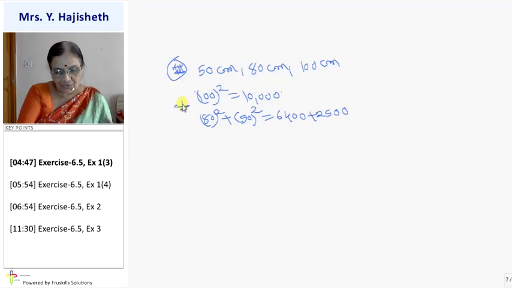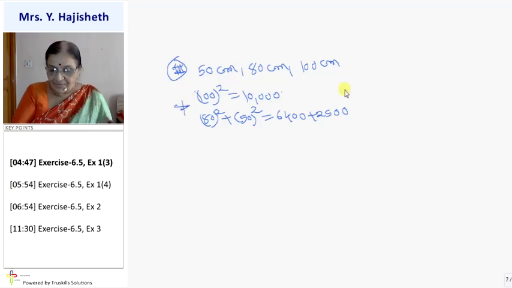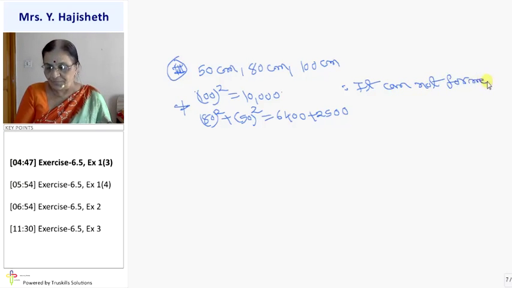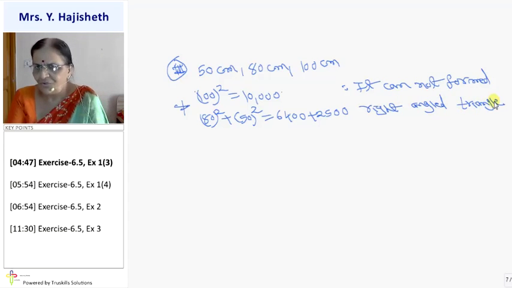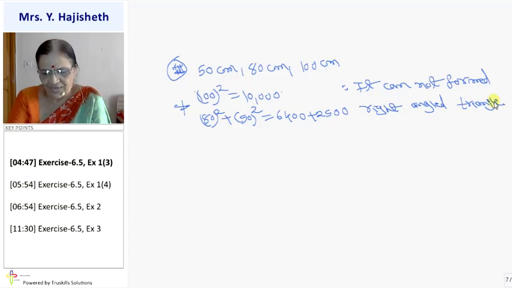So both are not equal. Therefore, it cannot form a right angle triangle. The Pythagoras theorem is not satisfied by these three sides, so they cannot form a right angle triangle.